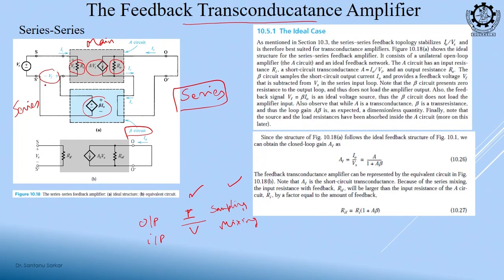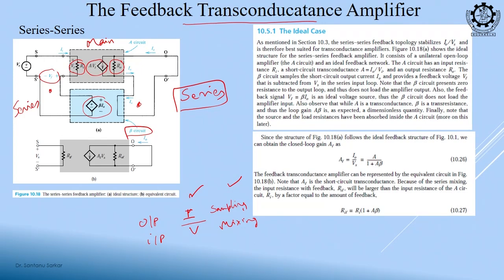So, this beta is kind of a R, right, I into R is equal to V. So, this I is converted to V by this beta. So, you can understand for this example, this feedback element is a resistive element, right, and this Vf is subtracted with Vs and we get our input voltage like Vs minus Vf.